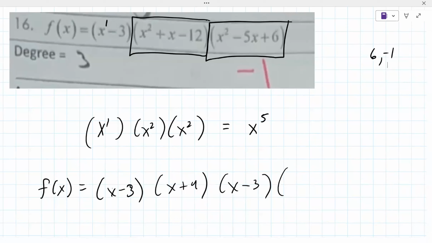Oh, okay. x minus 5, x minus 1. No, wait, that doesn't work either. Oh, yeah, there isn't. X minus 3, x minus 2.